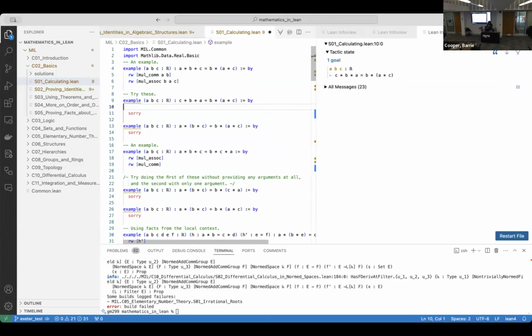So are we going to do commutativity of multiplication or associativity? Any suggestions? Okay, commutativity.